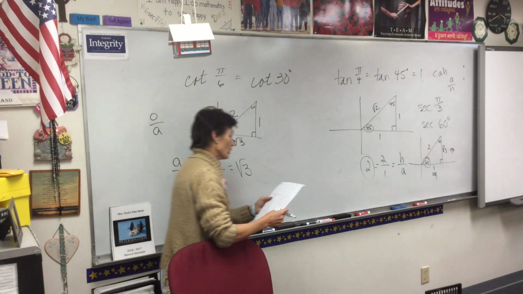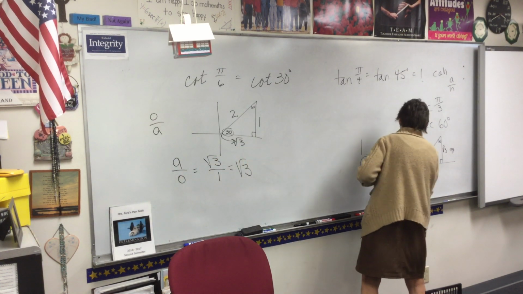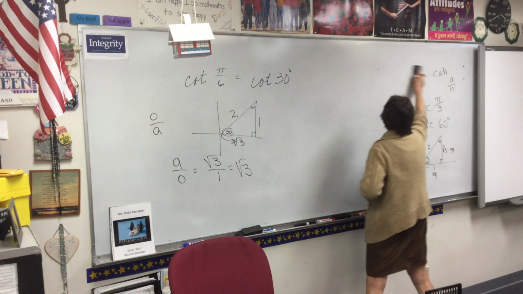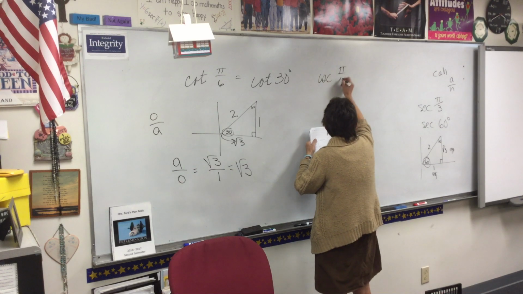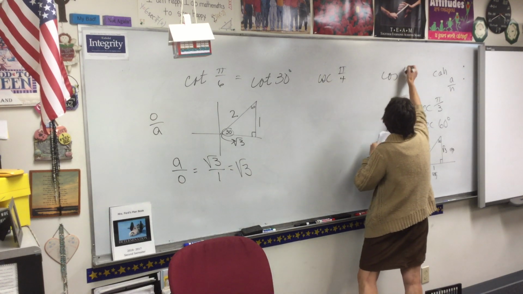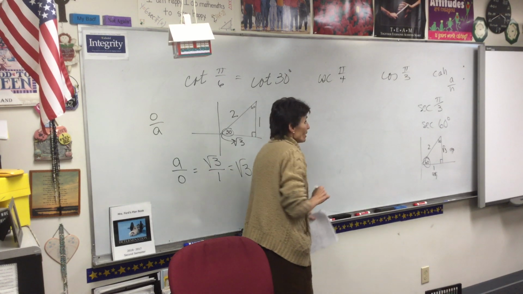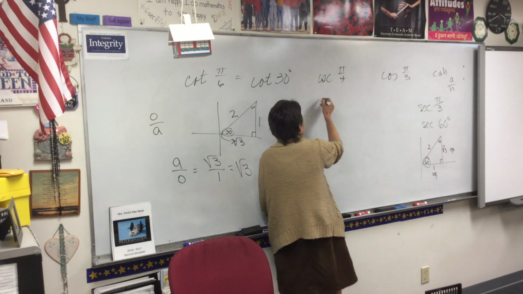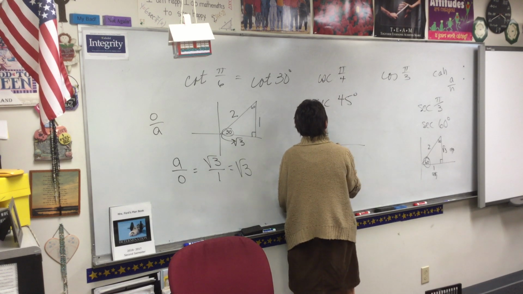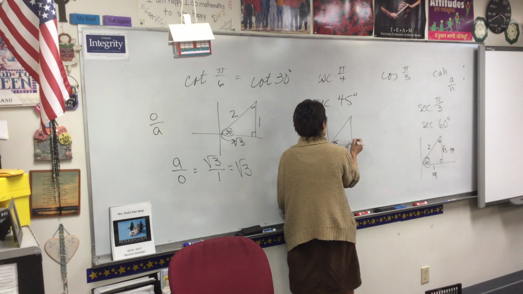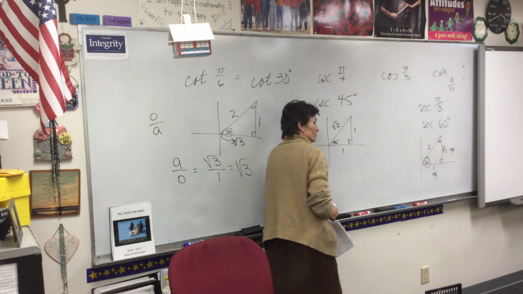Okay, I think we got 2 more. Let's get them done. This is great practice for your quiz. Here we go, pi over 4. What angle is that? Pi over 4 is 45. 1, 1, root 2.